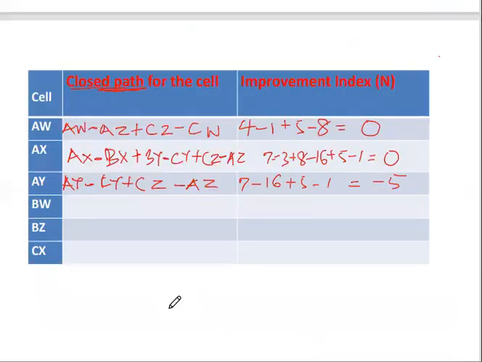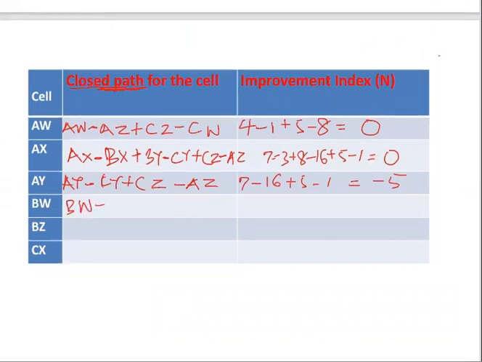All right, call it for me, please. BW, minus CW, plus CY, minus BY.